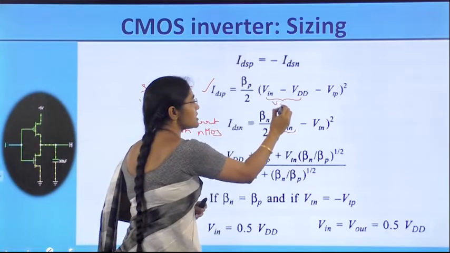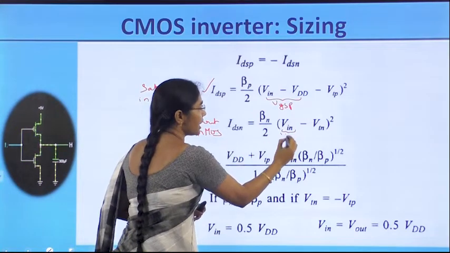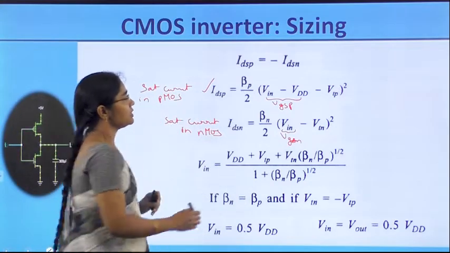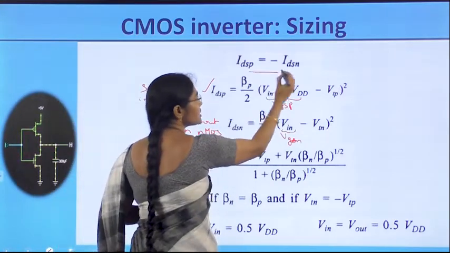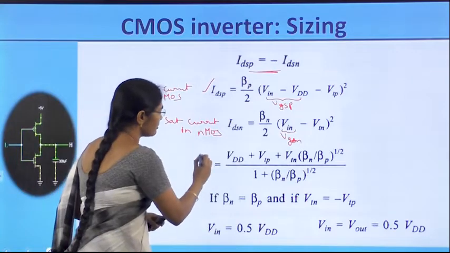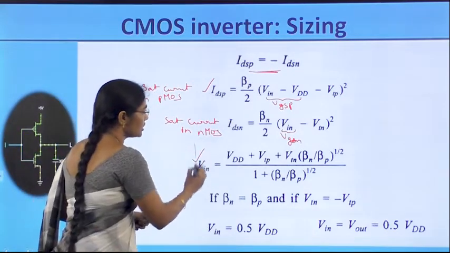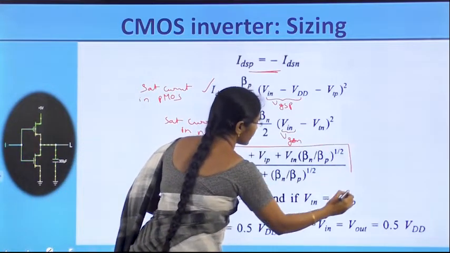These two are the VGS values, VGSP and VGSN. Because these two currents are equal, substituting these in this equation and simplifying, we will get Vin from this equation.